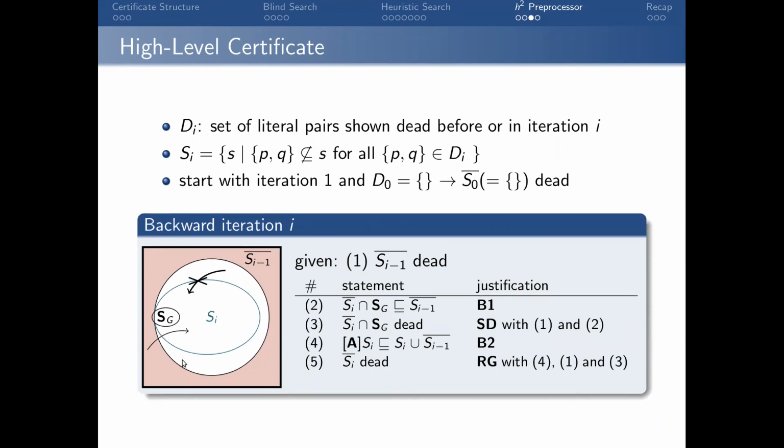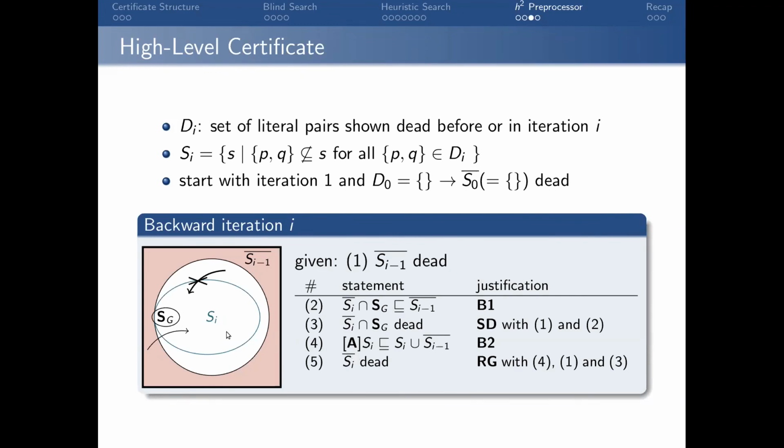The argument for a backwards iteration is somewhat similar, but we need a bit more steps. So again, we can assume that the negation of Si-1 is dead. What we can observe is all goal states that are now dead must have been dead before. It's the same argument as with the initial state. We can't suddenly detect new goal states as dead in a backwards iteration because that's where we start with. So from that, we know because this set is dead, we know that this expression here must be dead.